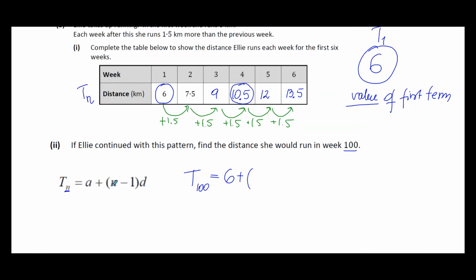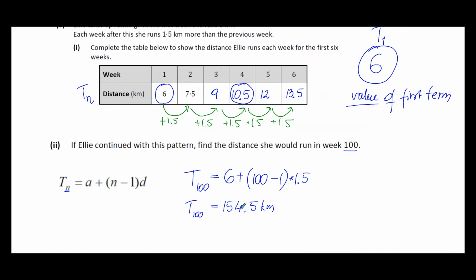Always remember in your formulas, letters always represent the same number, minus 1. And d is the common difference, meaning what am I adding every time? So in this case, 1.5. And we put that in the calculator, we press equal, and we find out that in week 100, if she continues, she will run 154.5 kilometers.